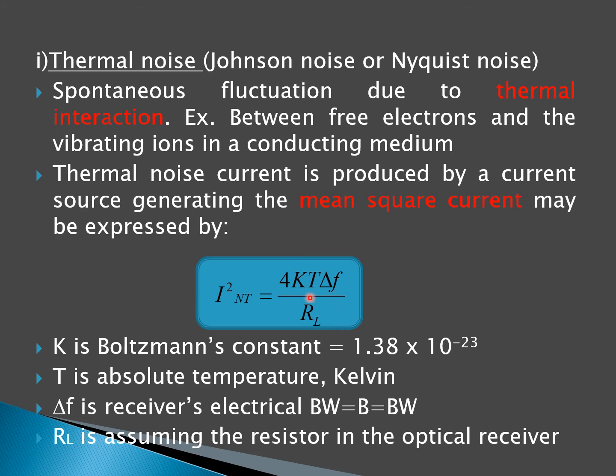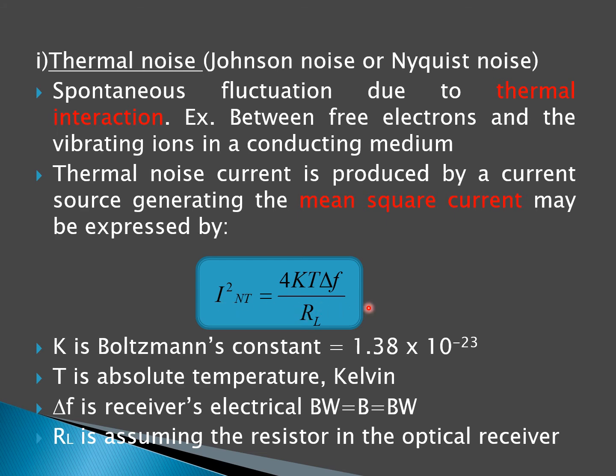T is the temperature in Kelvin. ΔF is the receiver's electrical bandwidth. ΔF is one word, or you can also replace it with BW. And RL is the resistor in the optical receiver.